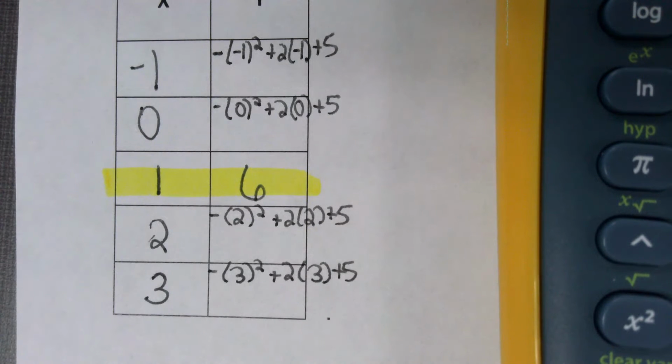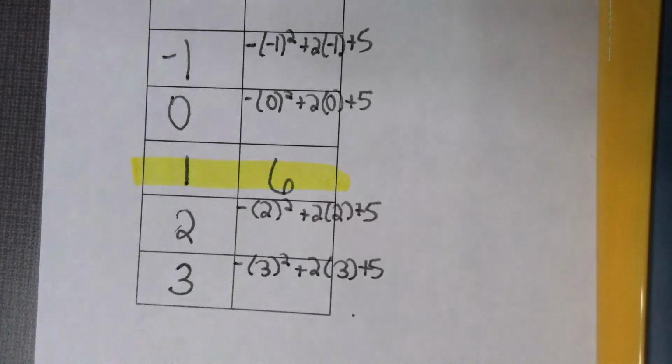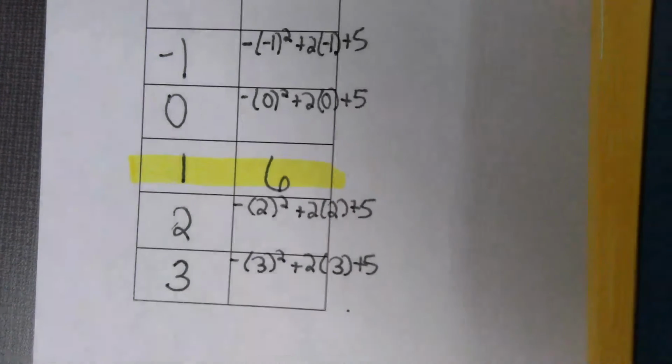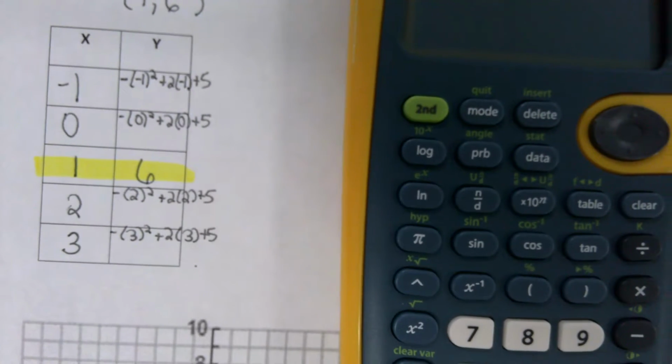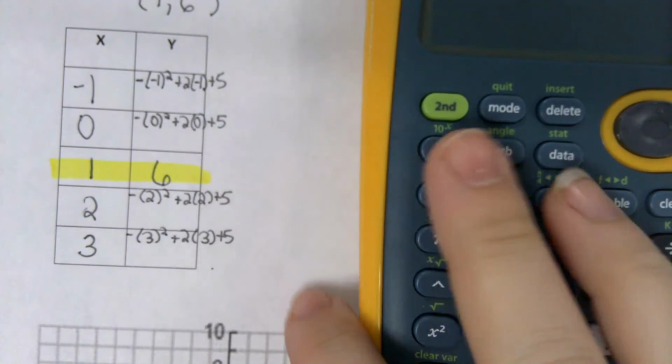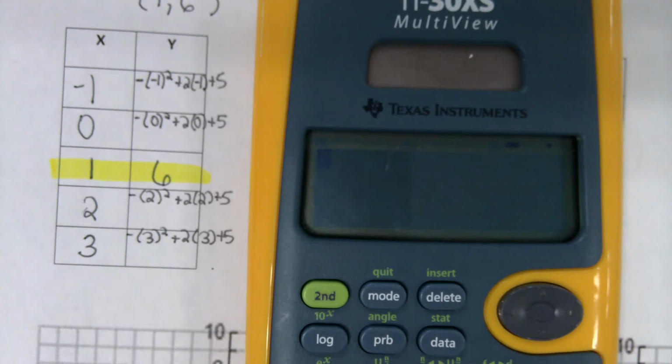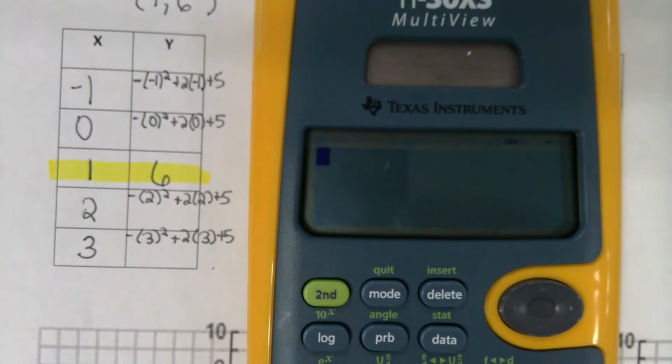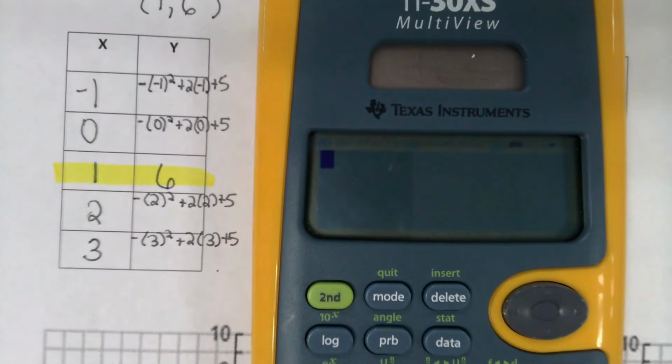So each of the x's have been replaced in our equation with our x from our table. And now you're going to practice typing it into your calculator. I'll show you the first one, and then I'll let you go ahead and type the rest, and I'll write in what we get. So you may need to pause the video to make sure that your numbers match what I'm going to write for my table.